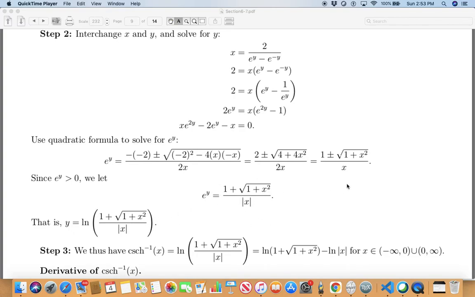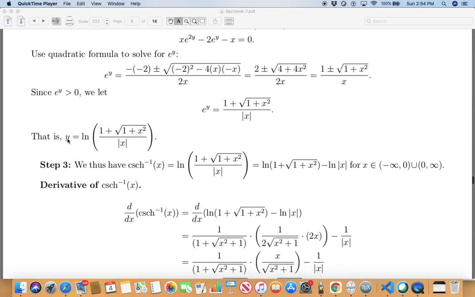In the numerator, one has to be a bit careful because 1 plus x squared is always greater than 1, so that square root will be greater than 1. So we don't want the negative there. We have to be careful here. Choose the positive option and make sure the denominator is positive by taking absolute value.